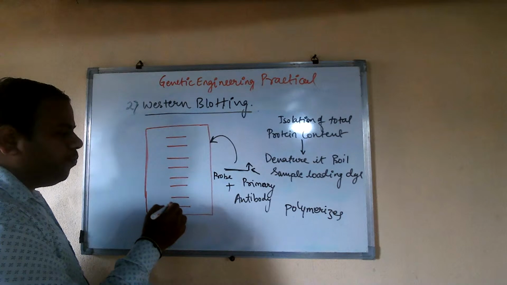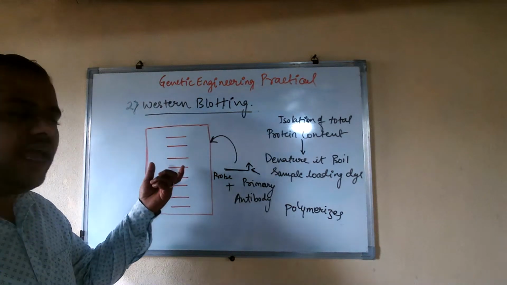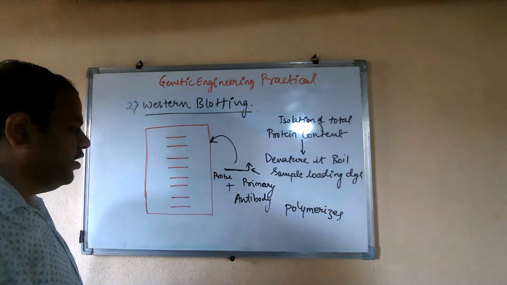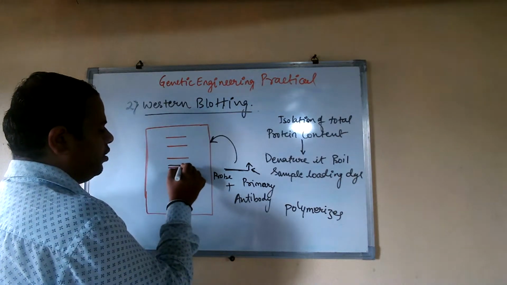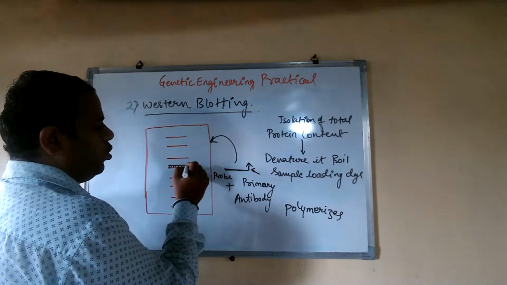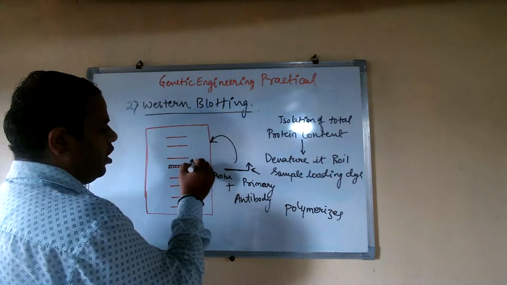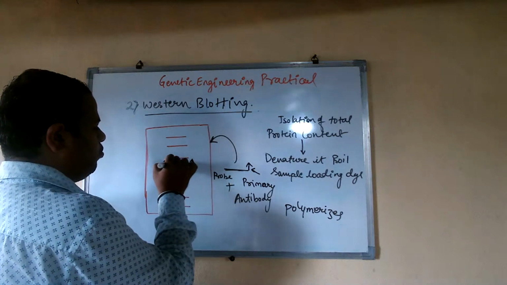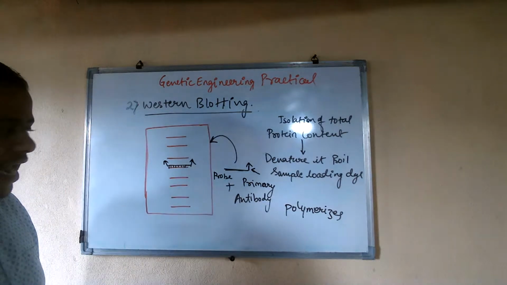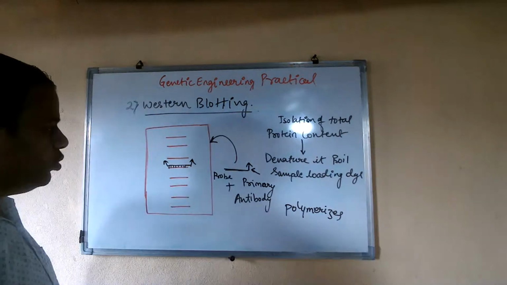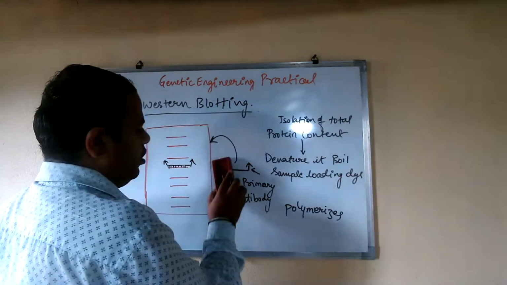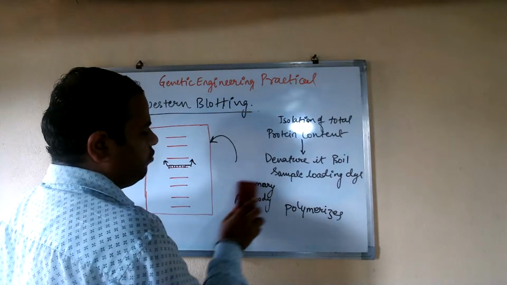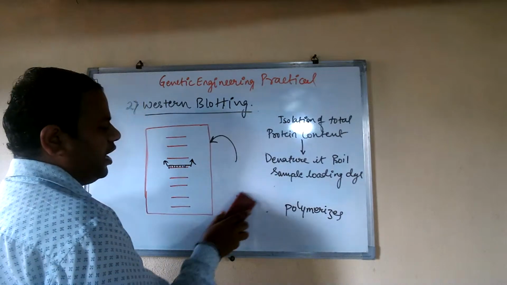The probe is going to bind very specifically at a particular protein site here. For example, the probe is binding to this band here, with antibody like this on both sides. After that you are going to do the treatment with secondary antibody.